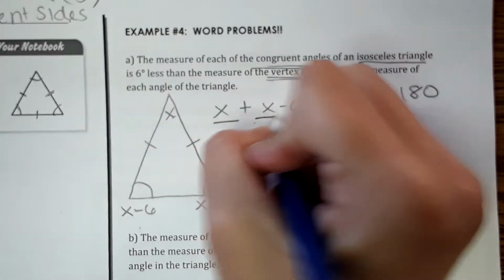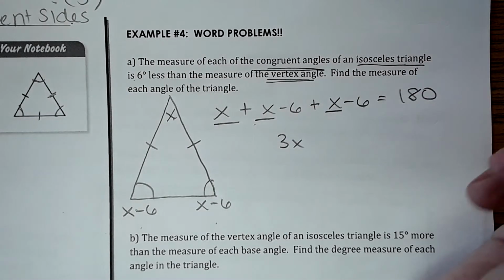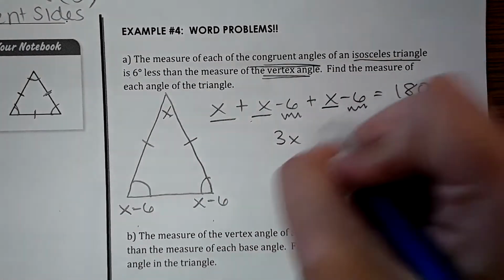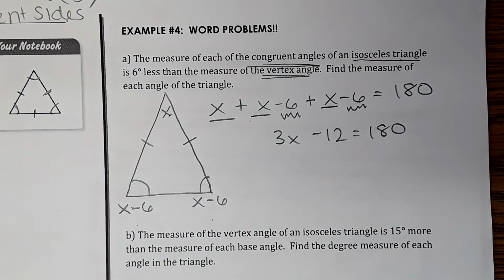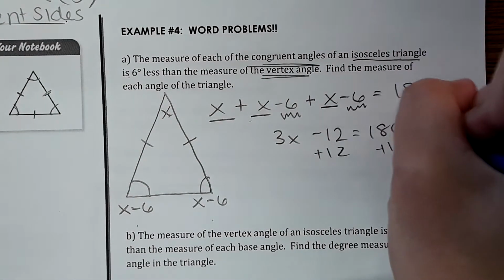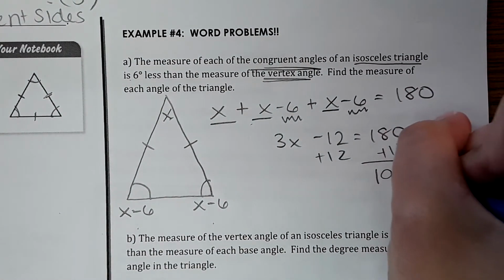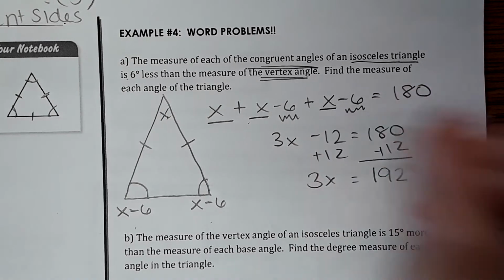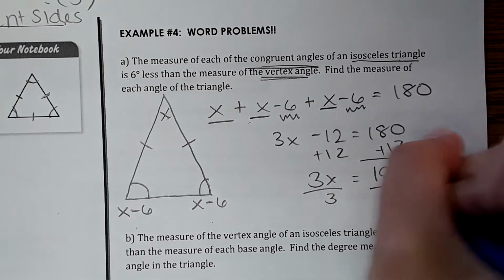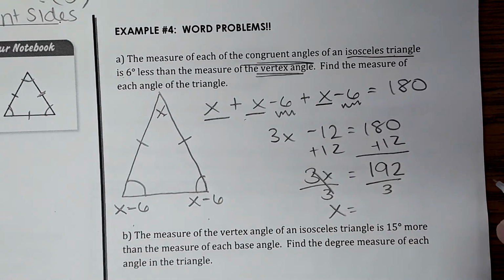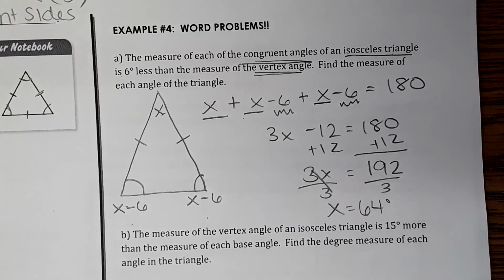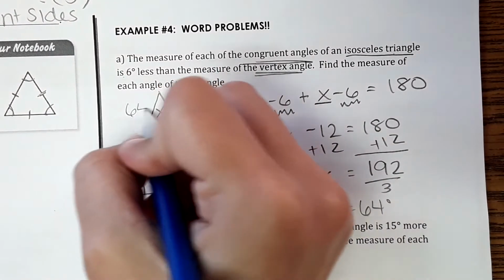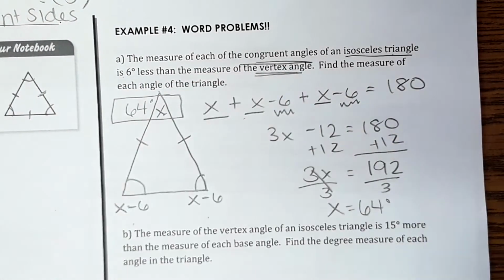So I'm going to combine the three x's to get 3x. Negative 6 plus negative 6 is negative 12. And then just continue solving. So I get x equals 64 degrees, so that is my vertex angle.